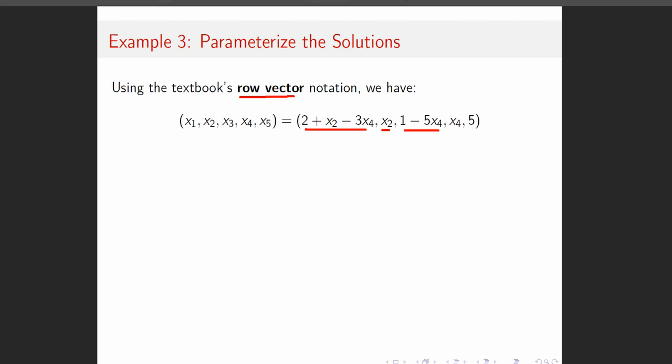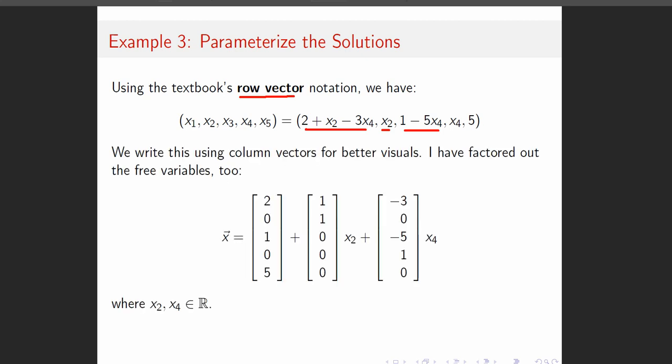I just find it a whole lot easier to read in column vectors. Okay, it's the same thing. Now, I did factor out the free variables, but I basically just took this row vector notation and went to column vector notation. And you can see that.